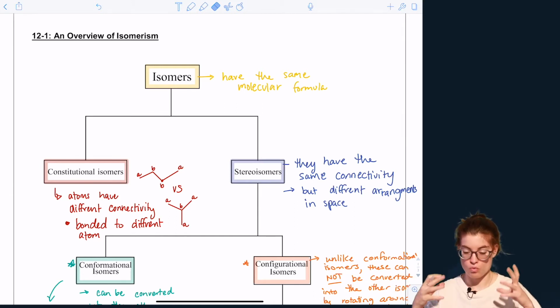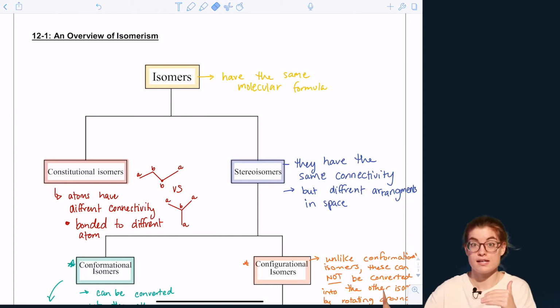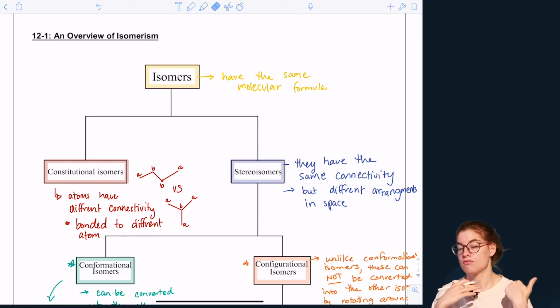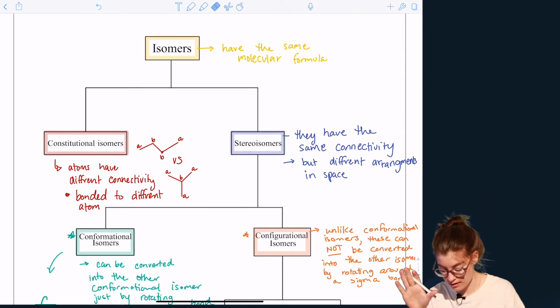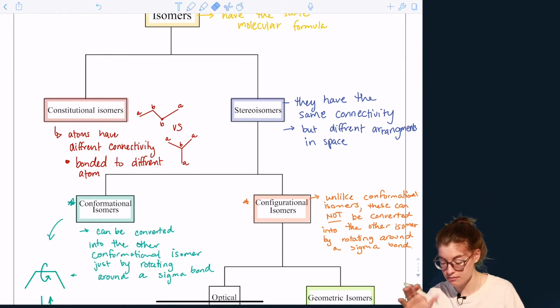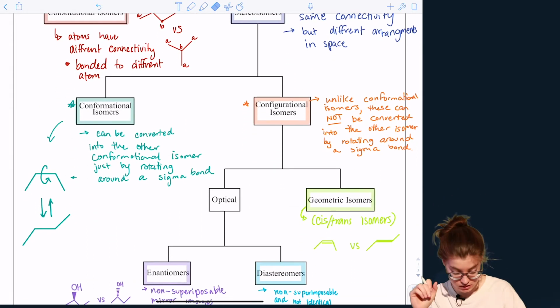Okay? So, a carbon is still bonded to the same carbon as it was in its isomer, only maybe instead of going behind the page, it's coming in front of the page, or vice versa, okay? So they have groups that have the same connectivity, but differ in arrangements in space.